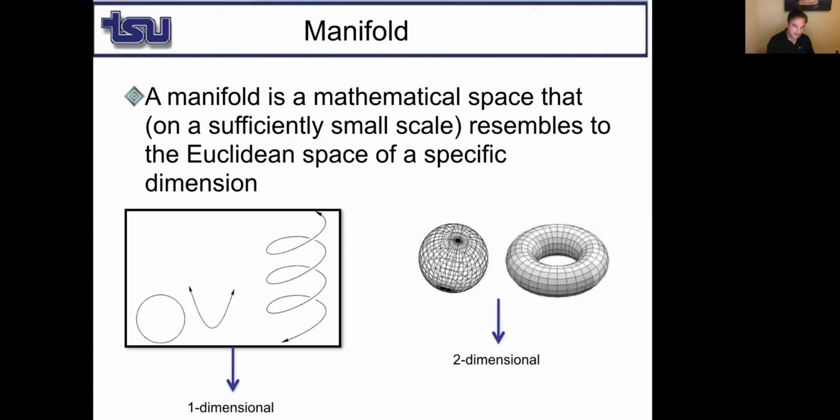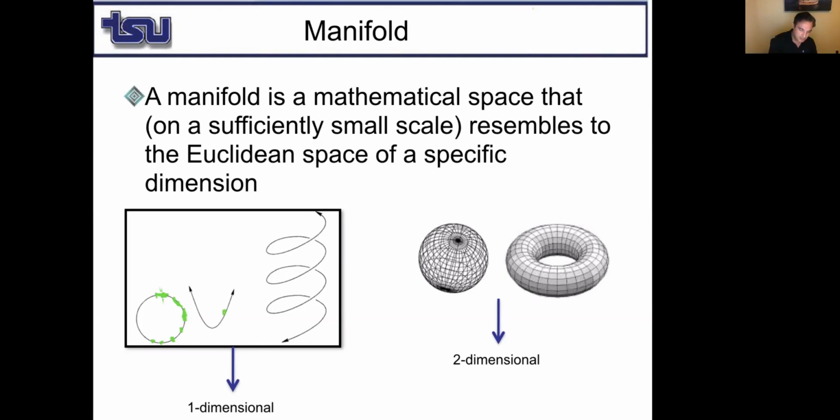Think about this circle here. If you zoom in and look at any point on the circle, any point can be approximated with a line. In a very small scale, if you zoom in, the circle becomes very flat, just like a line, okay?